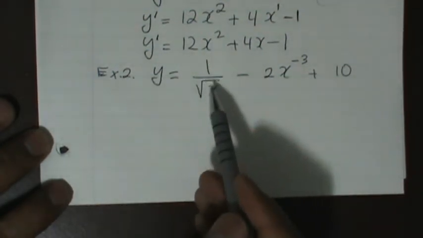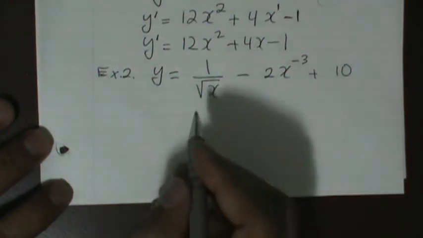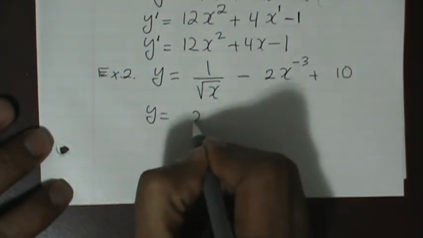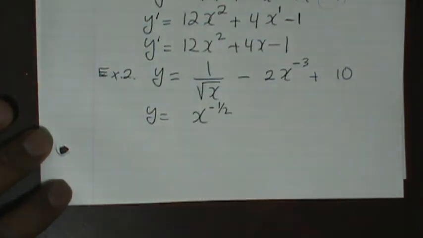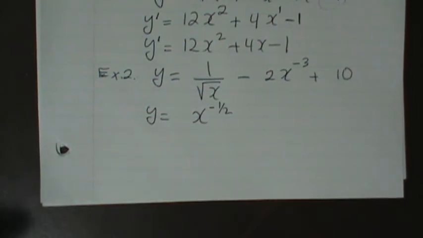I'm going to rewrite 1 over square root of x as x to the negative half, because square root of x can be written as x to the half. Since it's in the bottom, when you flip it, the exponent becomes negative, using basic exponent laws that we've learned in lower grades.